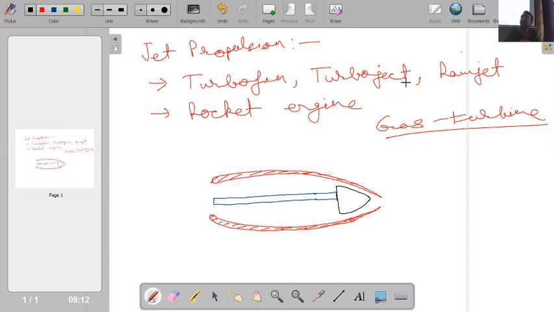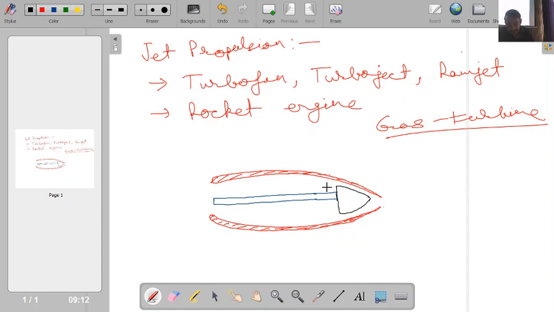If it is used for power production, then all the gases are expanded completely in the turbine. If it is used for jet propulsion, then part expansion is done in the turbine and part in the nozzle, so that it can create the necessary thrust force to propel the object.